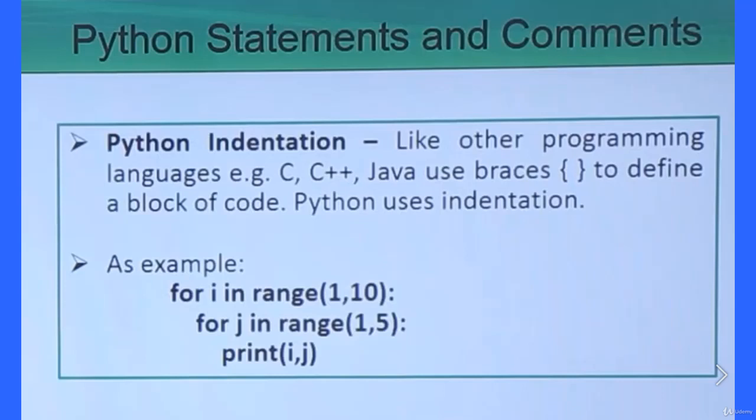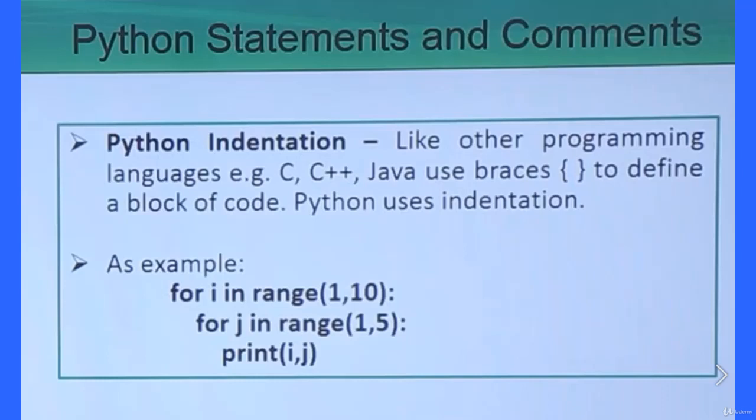There is an inner for, a nested for, so it has a different indentation here. This print i comma j is within the body of the inner for, so it has another indentation. We are not supposed to put any begin or end, any curly braces, to denote the block begin and block end markers.